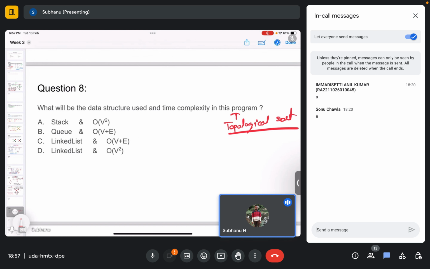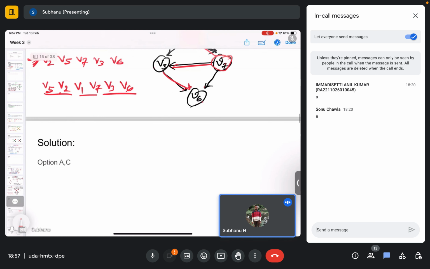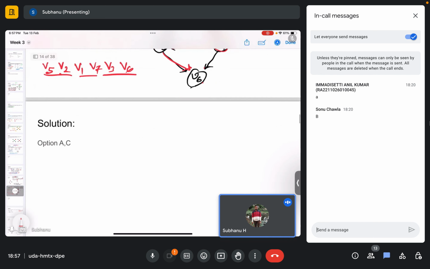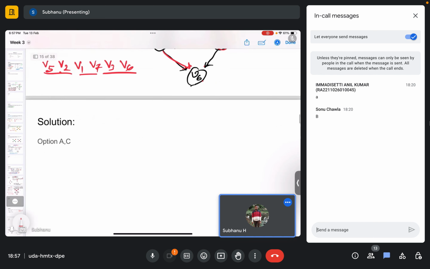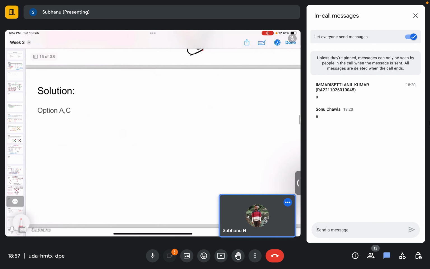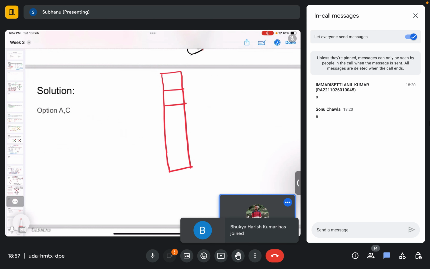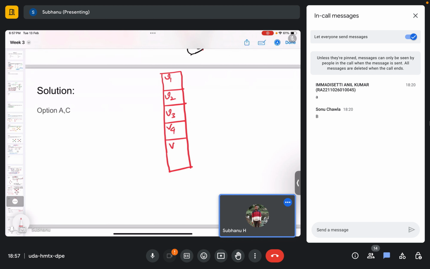You have this graph. Okay, so if you have this graph, you can make a linked list from this graph: V1, V2, V3, V4, V5, V6.